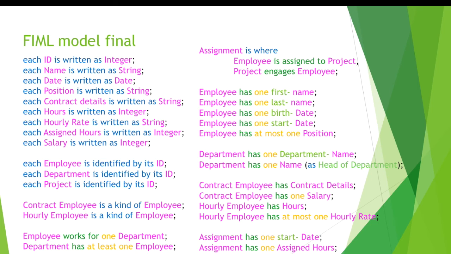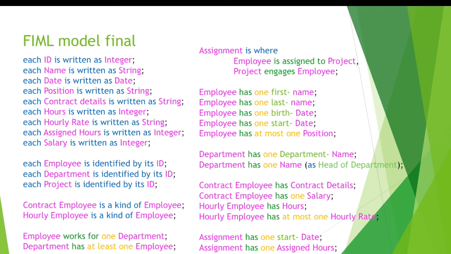So having covered the main concepts of FIML, this slide now shows the complete model of our example used within the tutorial. We identify the value types, then the entity types, where each of them is identified by its ID, and again its ID implies that it actually creates employee ID, department ID, and project ID.